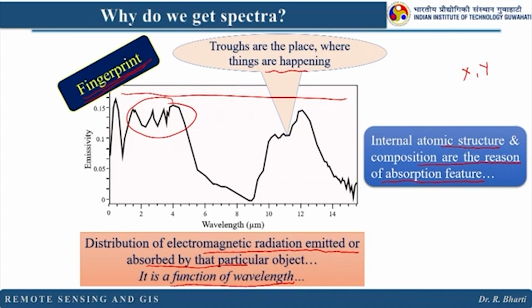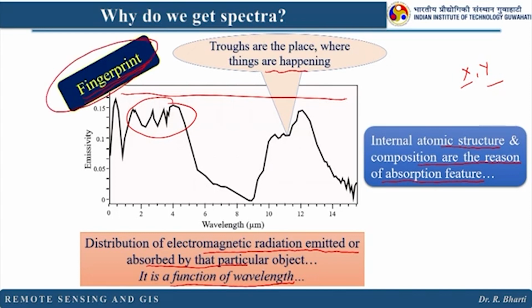If you want to identify them, you use those particular absorption features at those wavelength regions, and then you can identify in which material X is present and in which material Y is present. That is why I have written fingerprint here.